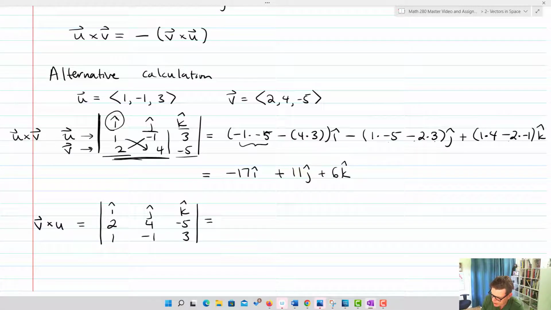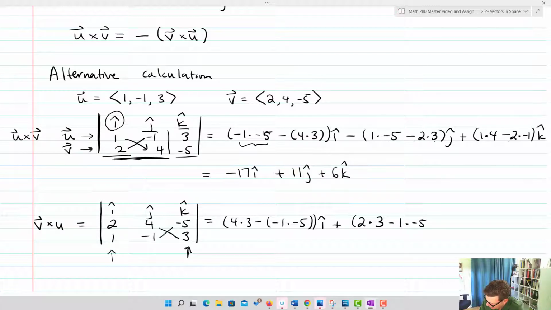So this cross product is going to equal now 4 times 3 minus -1 times -5, and that'll be times i. Plus, then we'll take the first and the third, and that'll be 2 times 3 minus 1 times -5, that's j.